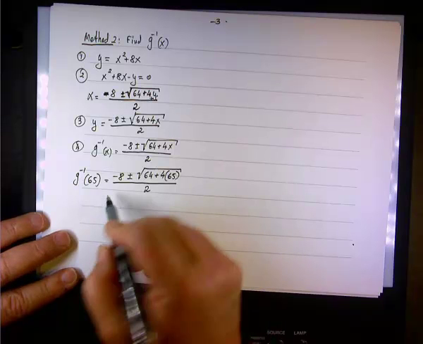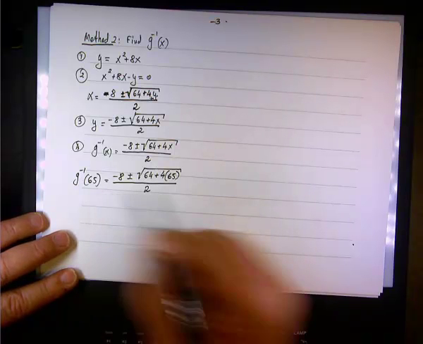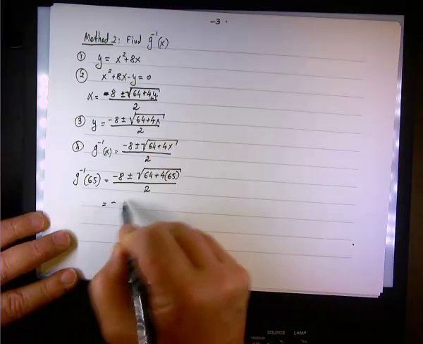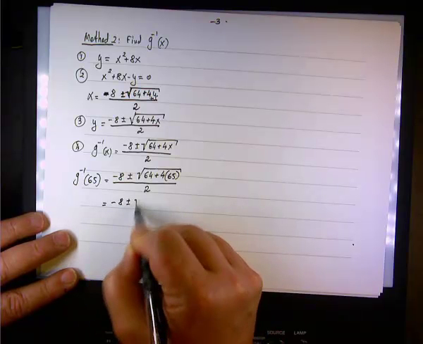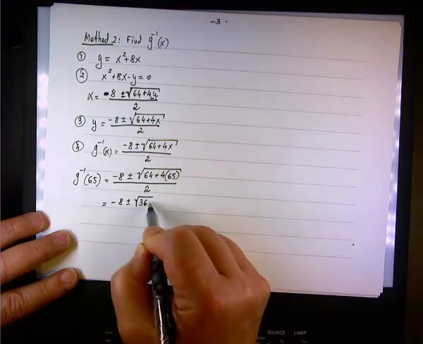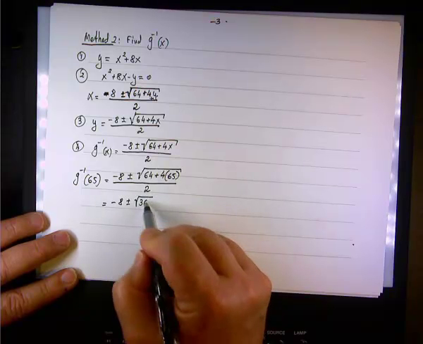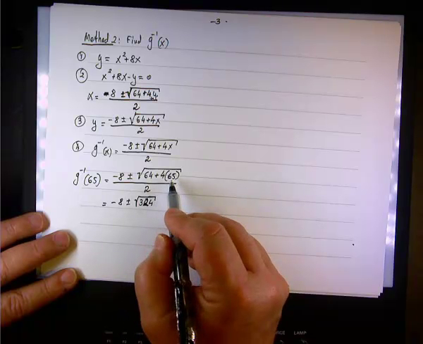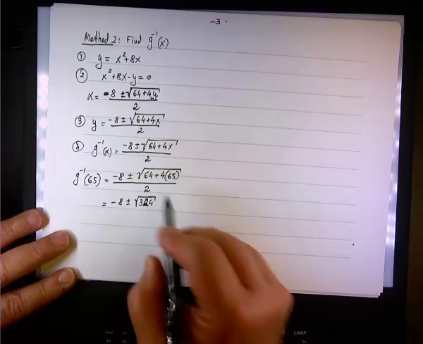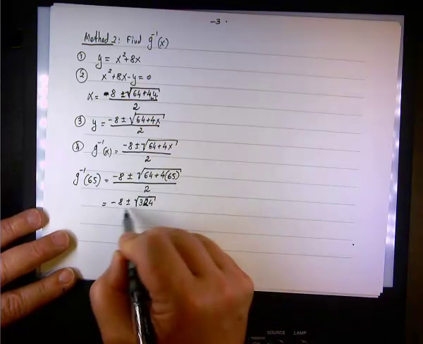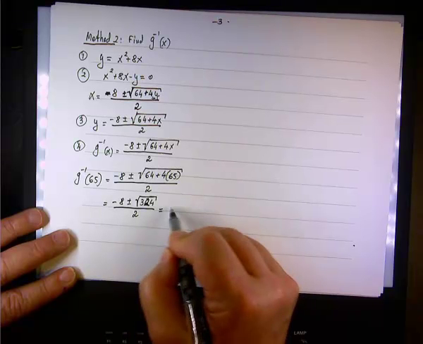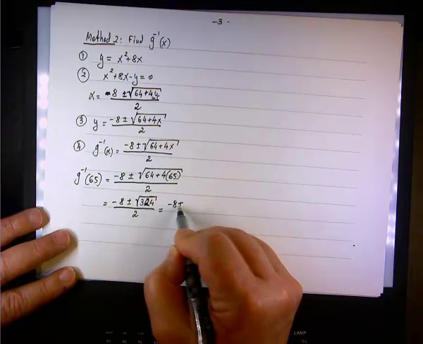What is the square root of 324? It has to be 18.